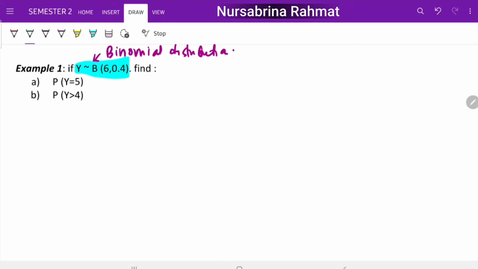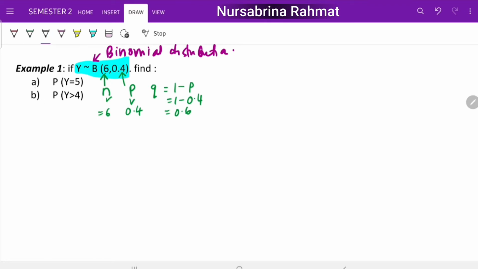The first value in the bracket corresponds to n, the number of trials, and 0.4 represents your p. Since q equals 1 minus p, which is 1 minus 0.4, q equals 0.6. So your n equals 6 and your p is 0.4. You already have the required information to proceed with the questions.